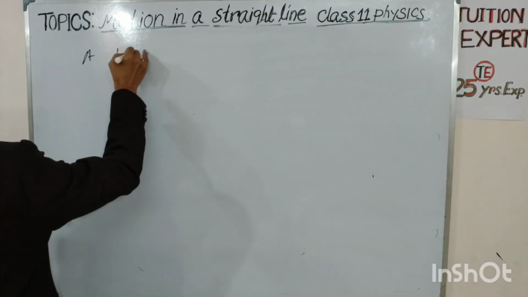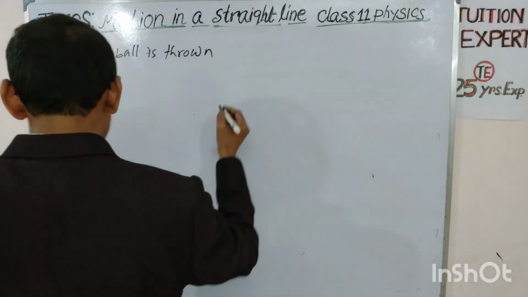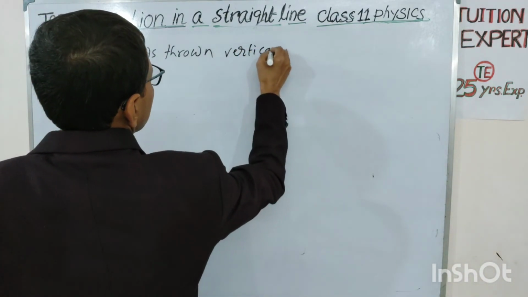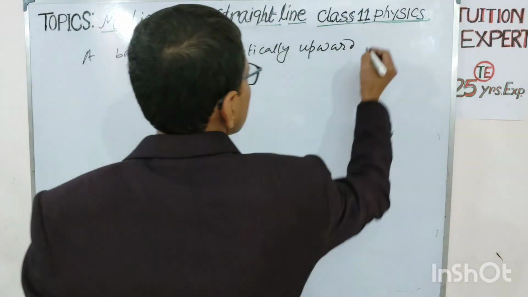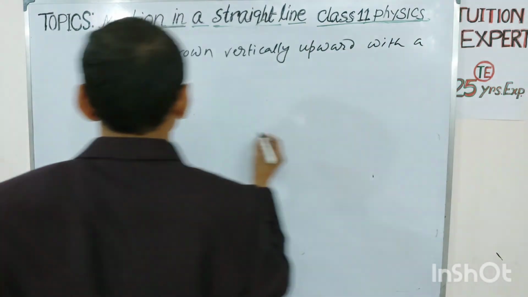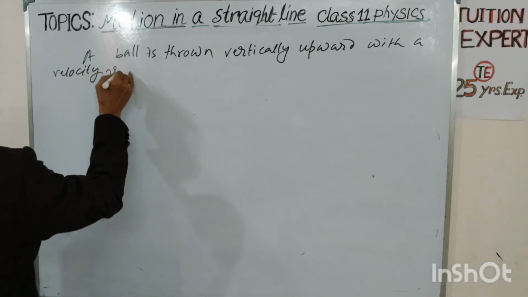A particle is thrown vertically upward with a velocity v0.